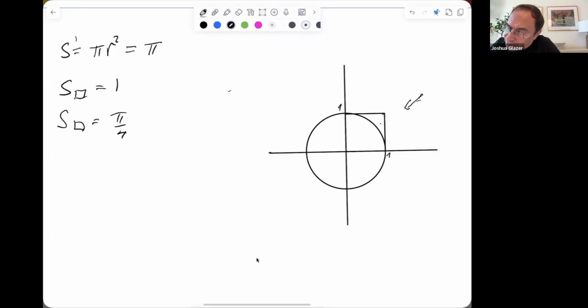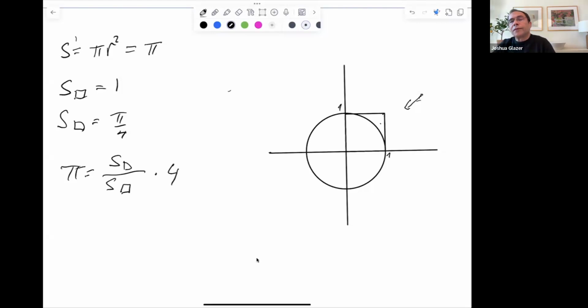Which means that pi actually equals the area of the quarter of the circle over the area of the square, times 4. Do we all agree? Okay. So now let's be a little gamey and sporty.